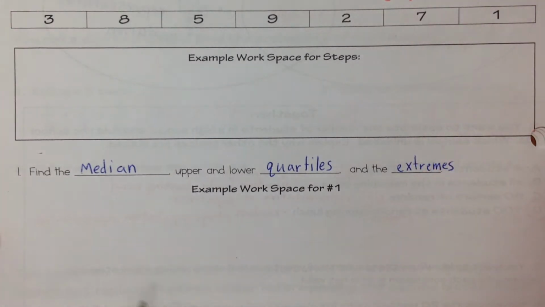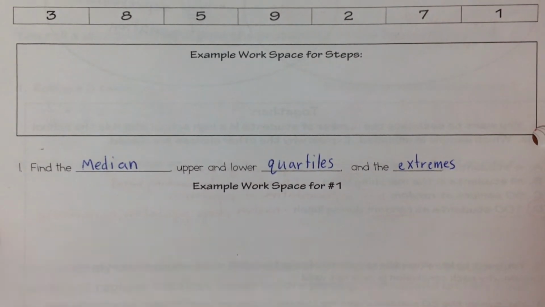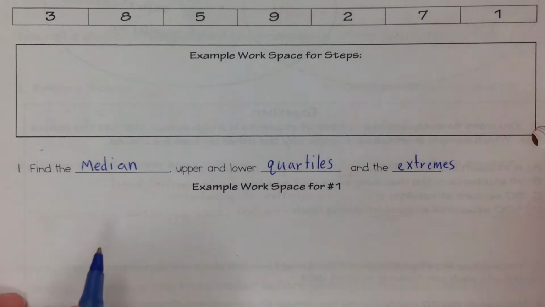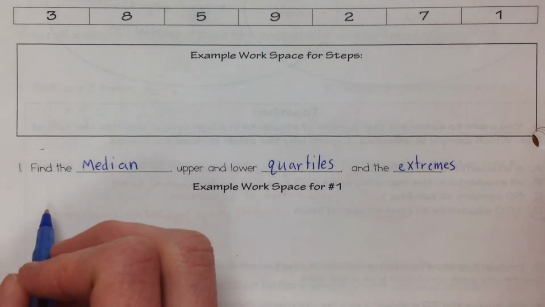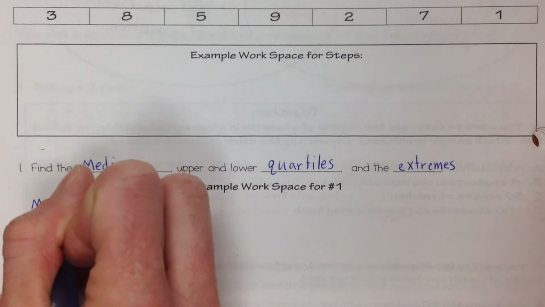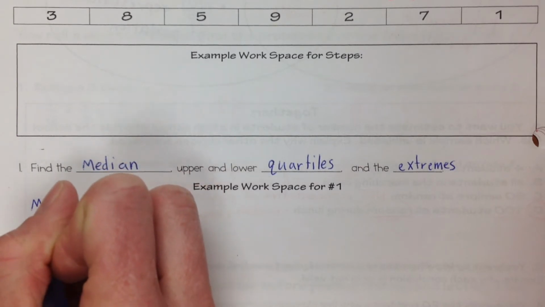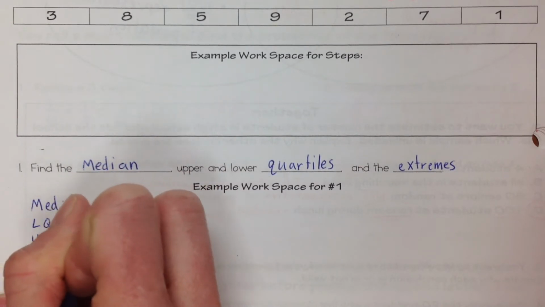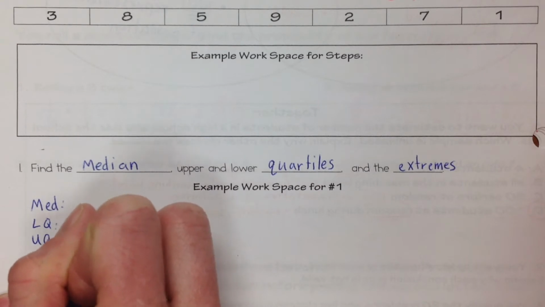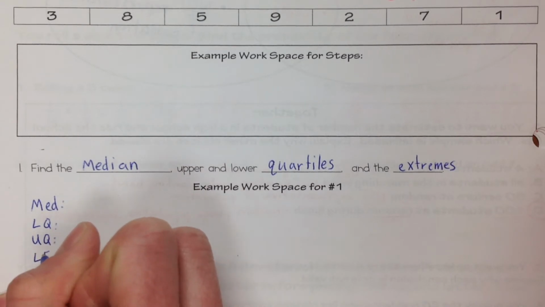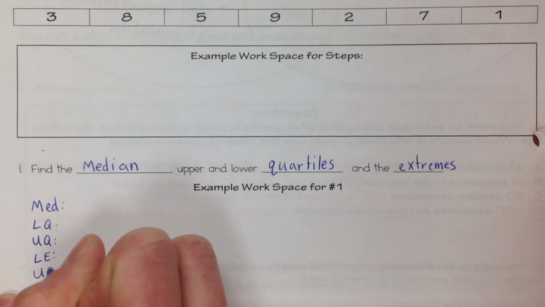Okay, so we're going to have to find all of these things before we can actually draw that graph. So down here we're going to use this space to find all of this information. First we're going to find the median, then the lower quartile and the upper quartile, and then the lower extreme and the upper extreme.